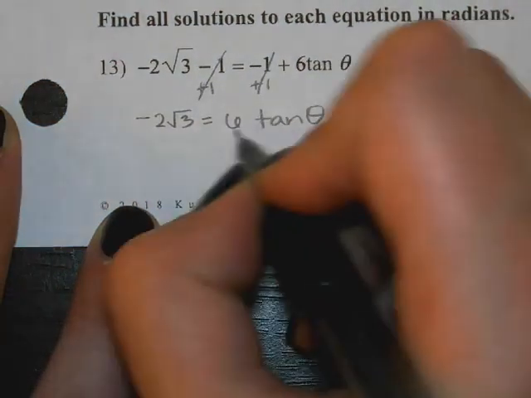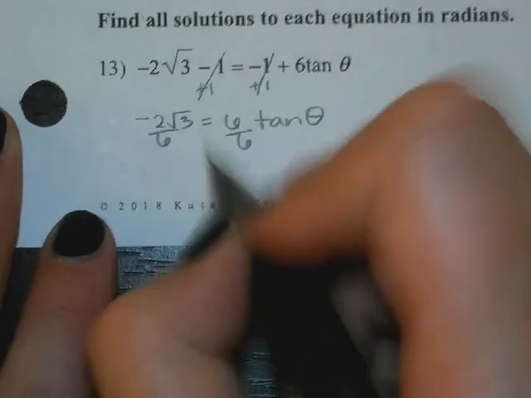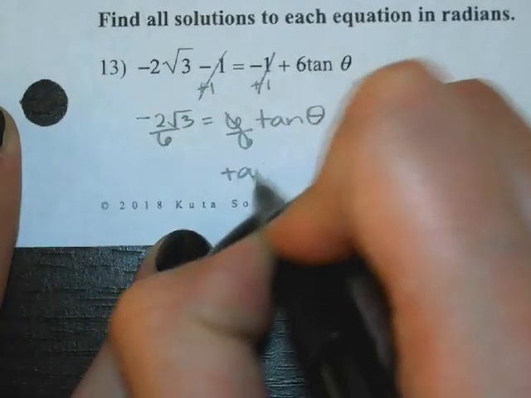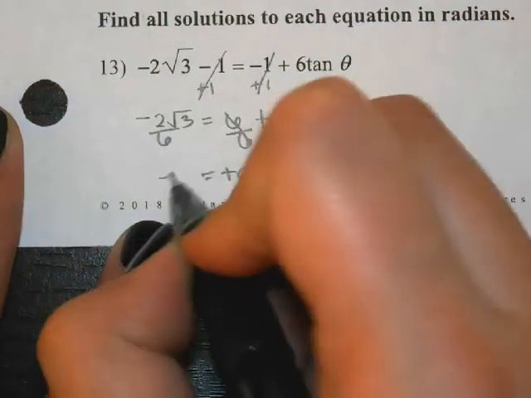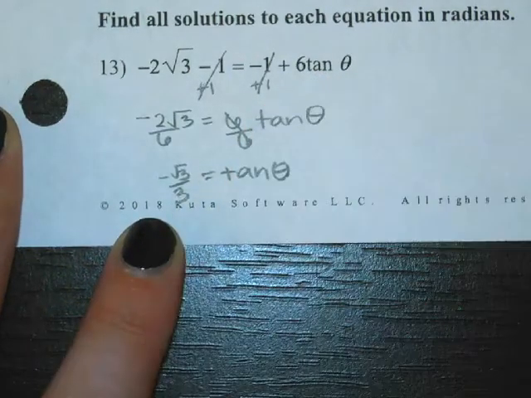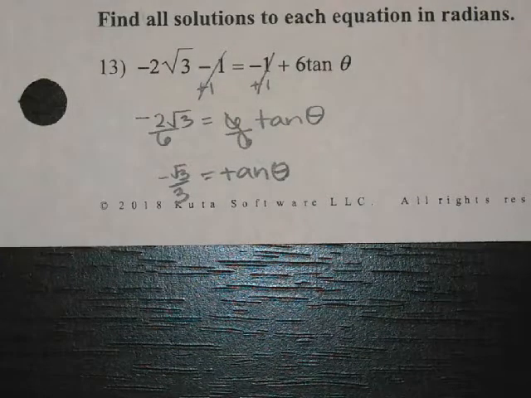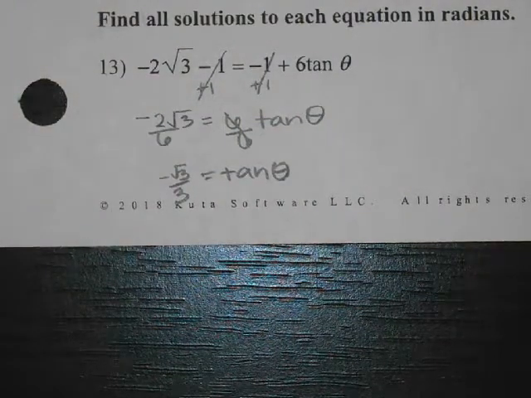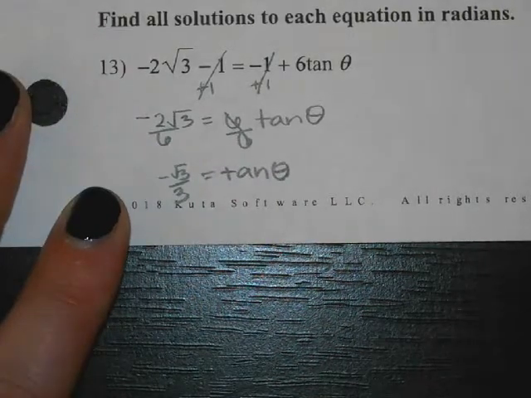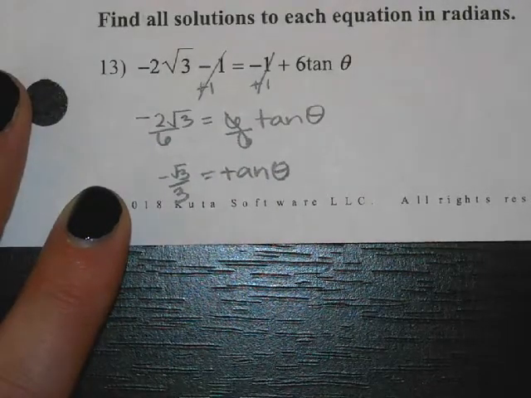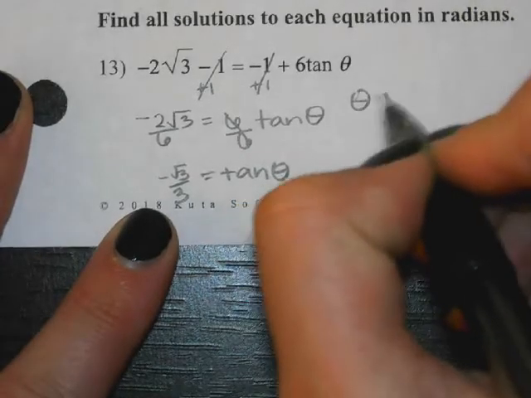Divide by 6. So I have tan theta equals negative square root 3 over 3. We have already done this problem multiple times. So what does theta equal for this problem? You've done it for number 2, you've done it for number 6. 11 pi over 6.